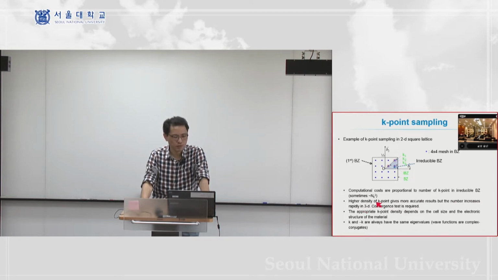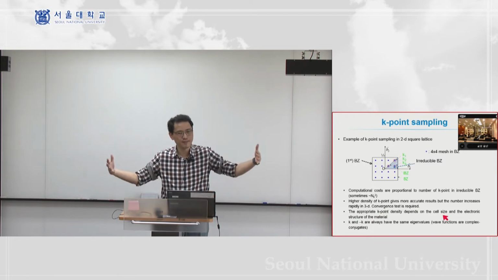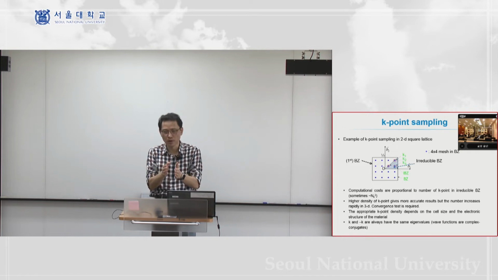Therefore, by doing a convergence test, you always take the minimum number of k points. This appropriate k-point density depends on the cell size, because if you have a big cell, then your reciprocal space will be smaller, and a smaller number will be enough.